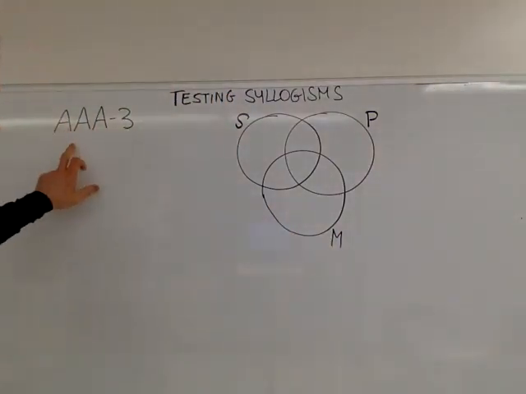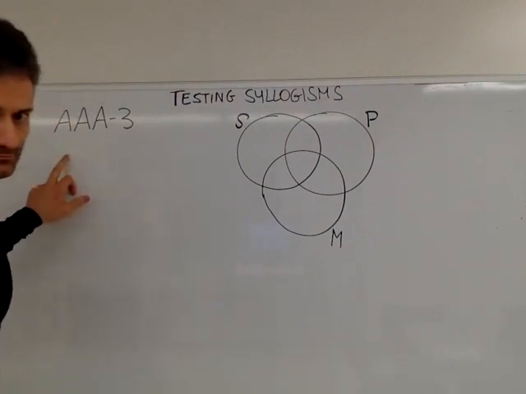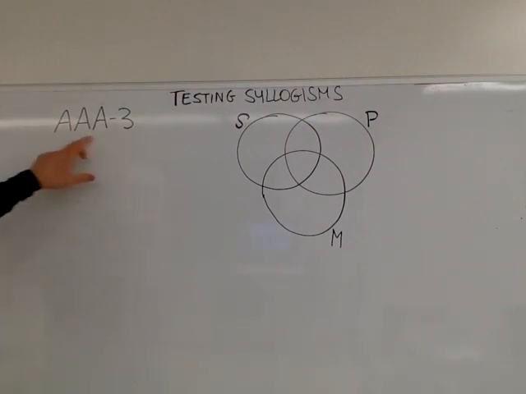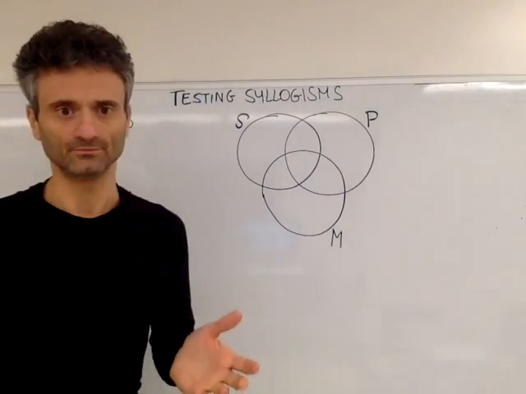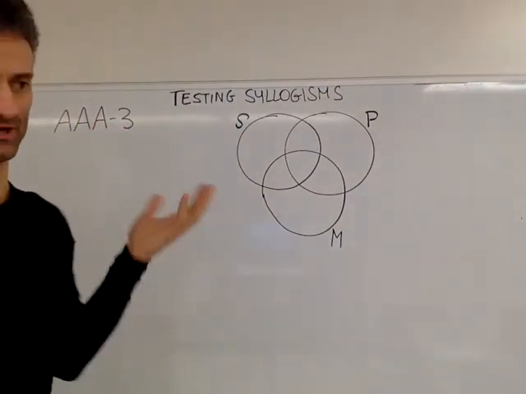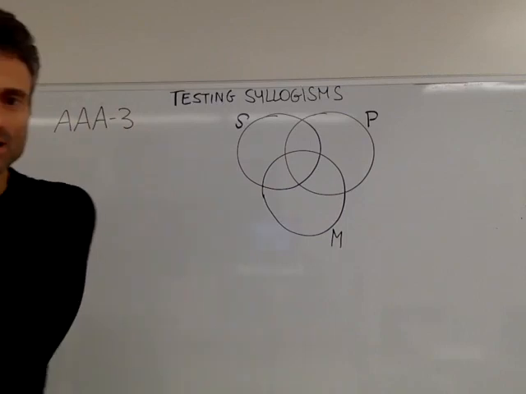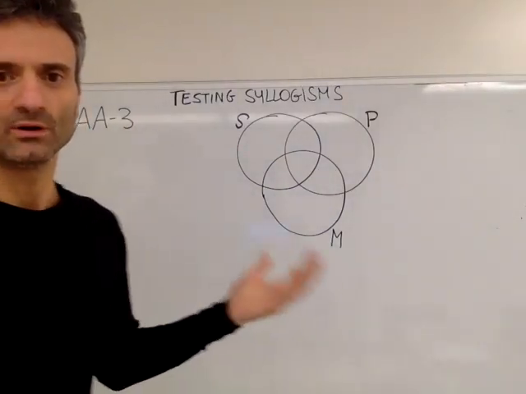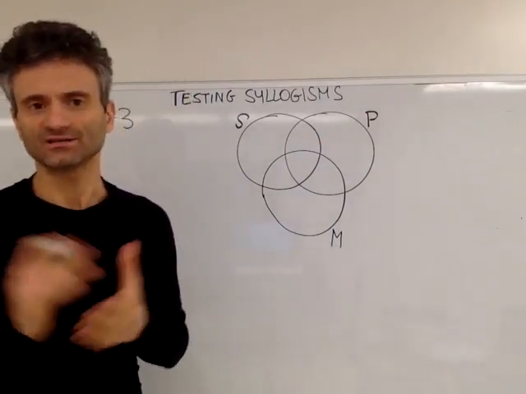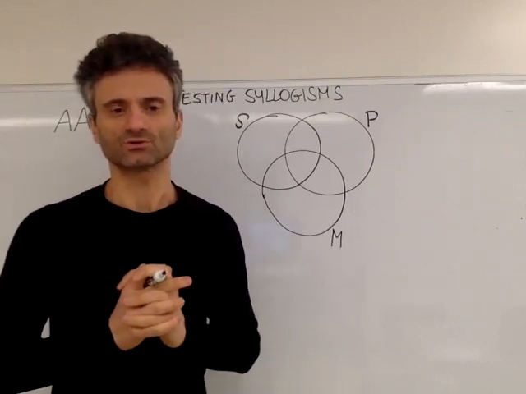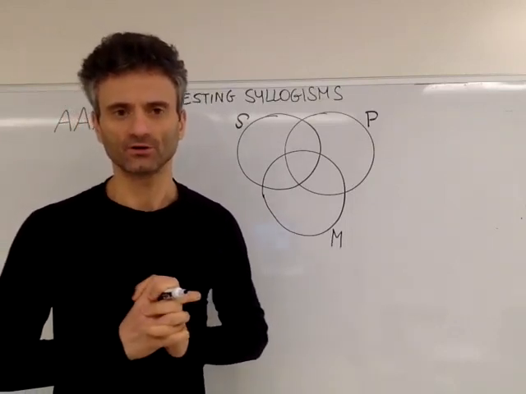Okay, now let's go back to our syllogism. We have an A3. In the exam, I will give you something like this. A3, EIO2, any mood, any syllogism, okay, completely described with mood and figure.